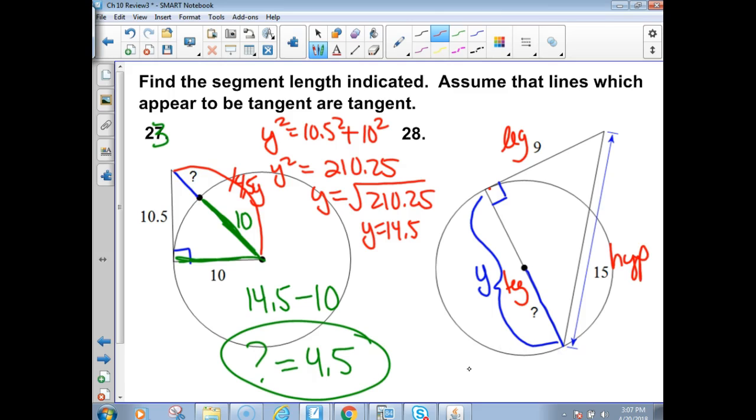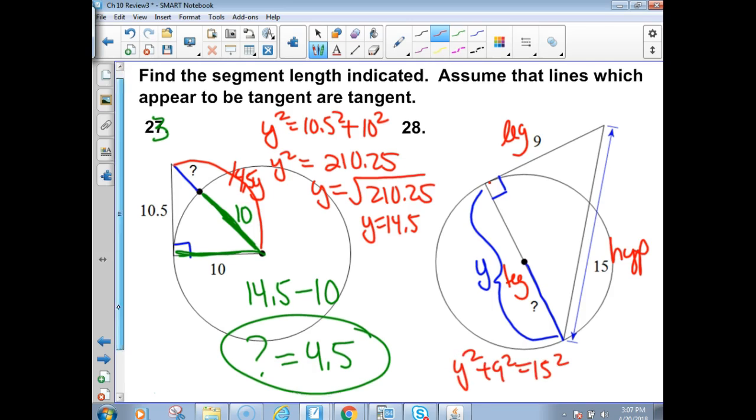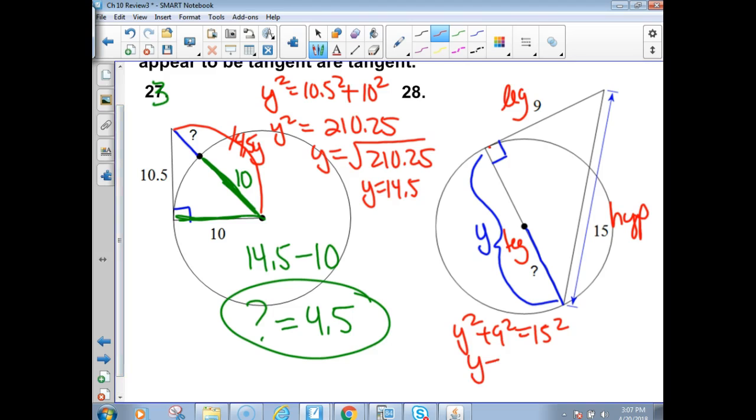Leg squared plus leg squared: y squared plus 9 squared equals 15 squared. If you evaluate those, y squared plus 81 equals 225, and then subtract 81 from both sides. Is that 144? And then take the square root, so y is going to be 12.